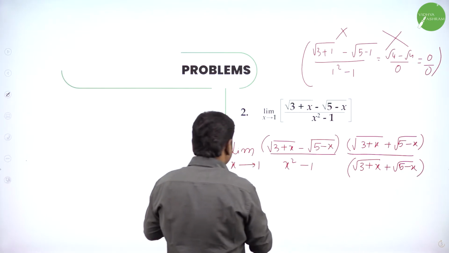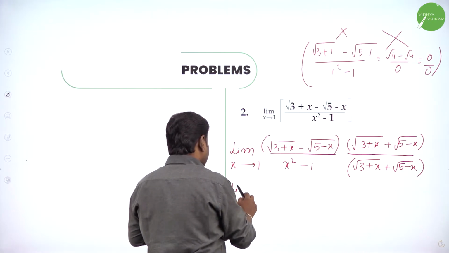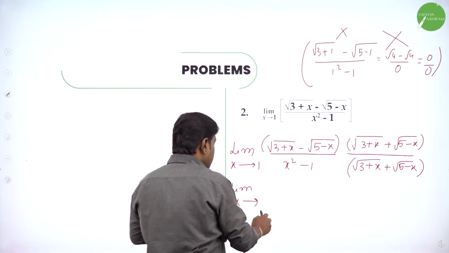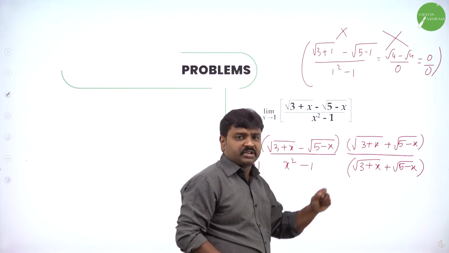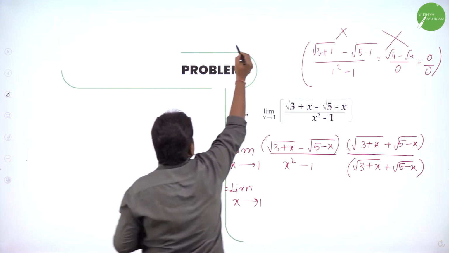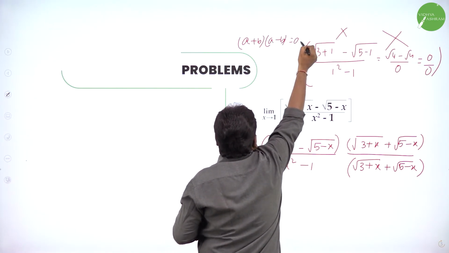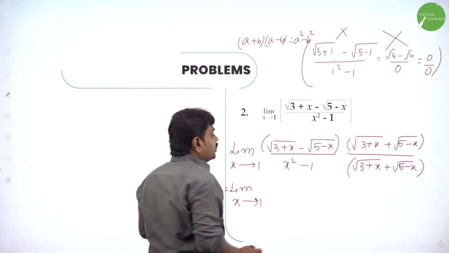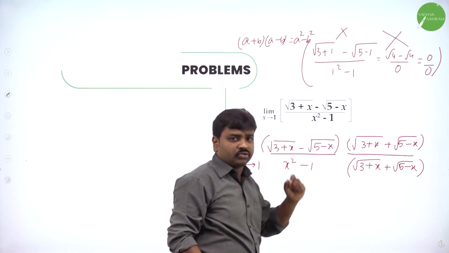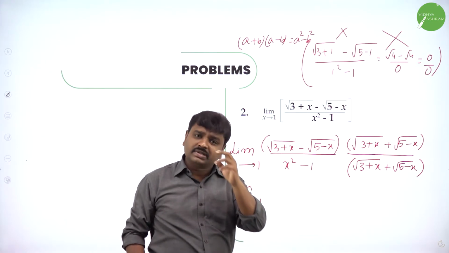Now numerator, if you observe, is in the form a plus b into a minus b. All of you know what is a plus b into a minus b? A plus b into a minus b is a square minus b square. So this is a minus b into a plus b, so I can write this as a square minus b square.